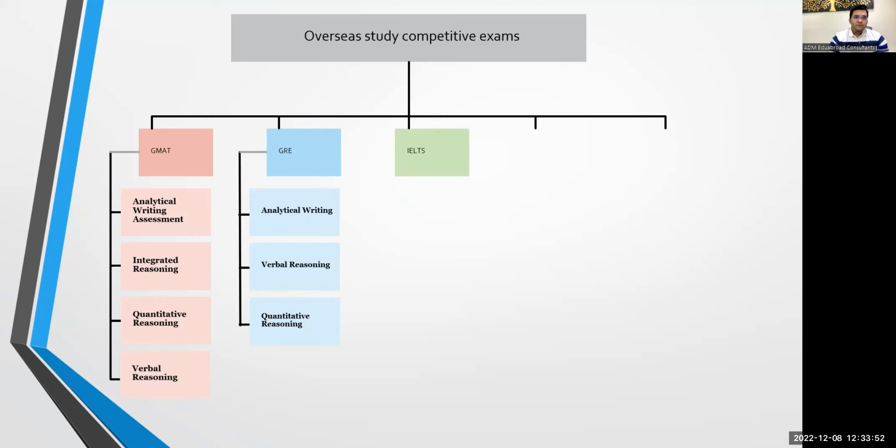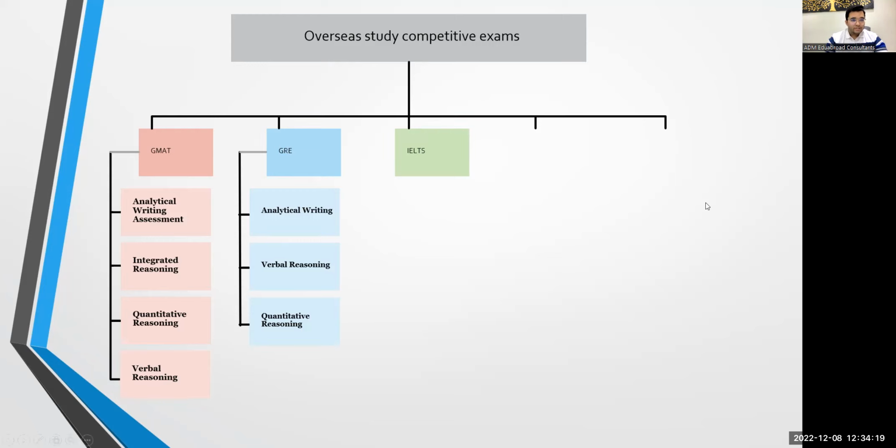Now, before going into details of the remaining exams, I want to tell you there are two categories of exams over here. The first of which we saw, GMAT and GRE, these are standard tests which are required by universities and which may not be even required by some universities. But if we look into a wider perspective, then yes, these exams are required.